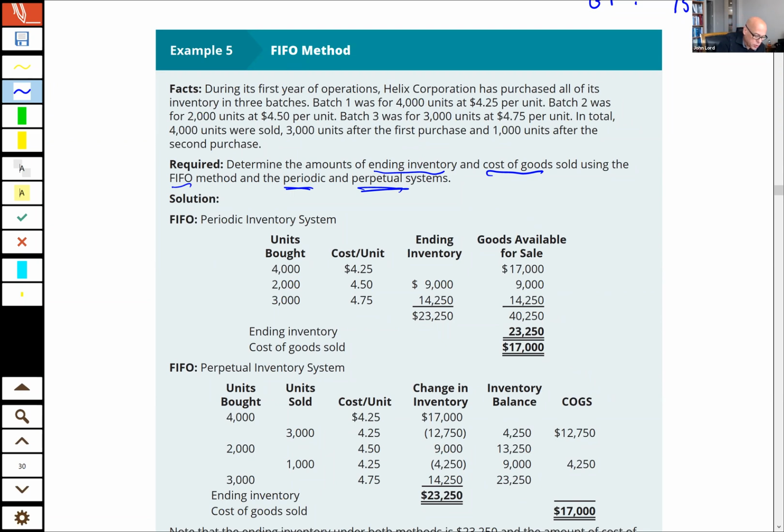Okay, so let's just look at the fact pattern. And we have this company in its first year of operation, purchased all of its inventory in 3 batches. Batch 1 for 4,000 units at $4.25 per unit. Batch 2 for 2,000 units at $4.50 per unit, and batch 3, 3,000 units at $4.75 per unit.